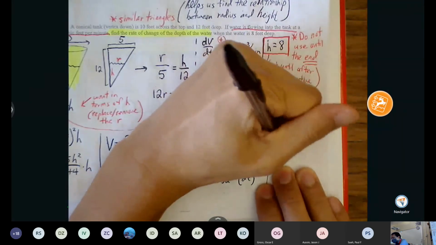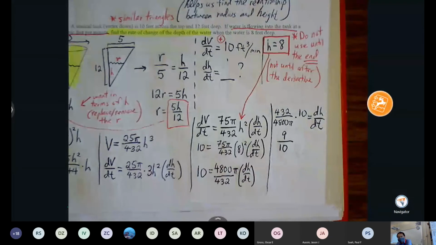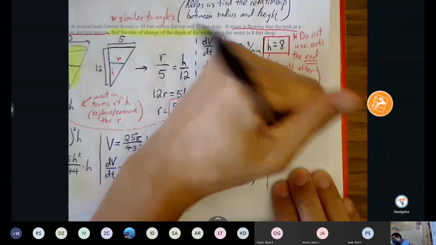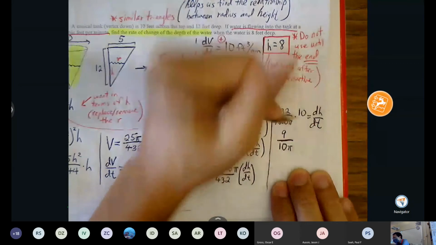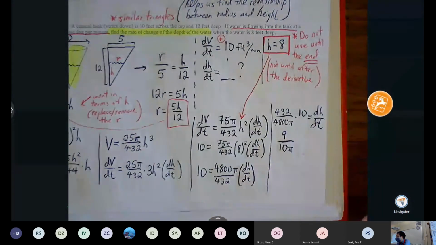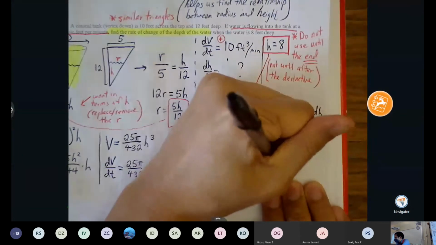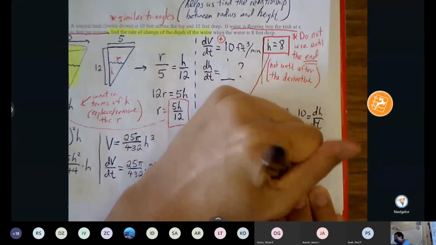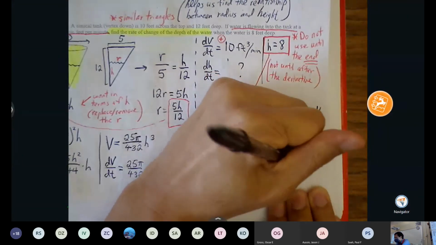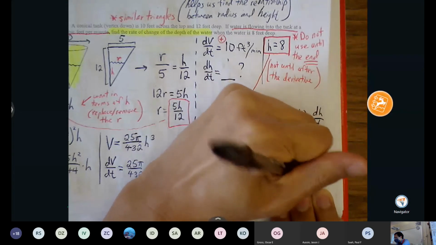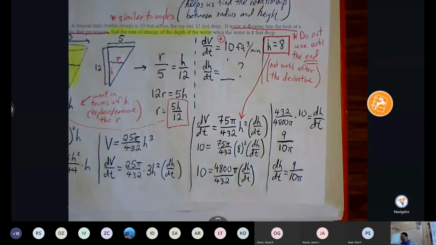Okay, where does the pi go? Denominator, yeah. I know this is strange, right? We're not used to seeing pi in the denominator, but that's where it ends up, so that's where it needs to stay. And what's our unit of measure?